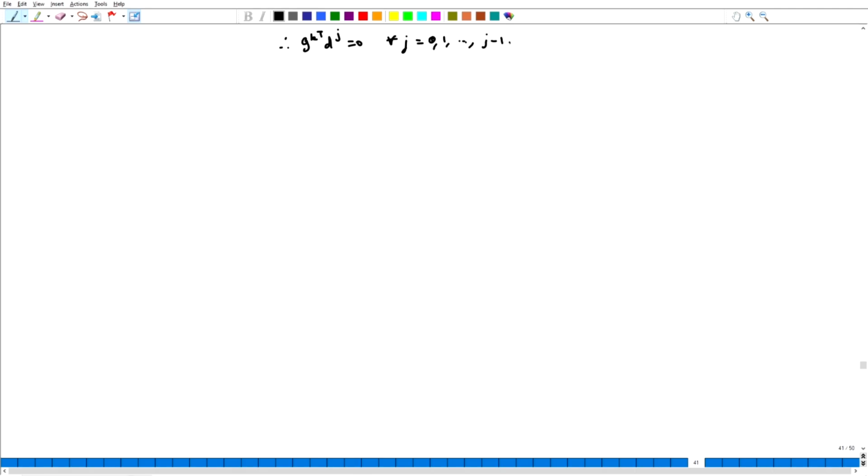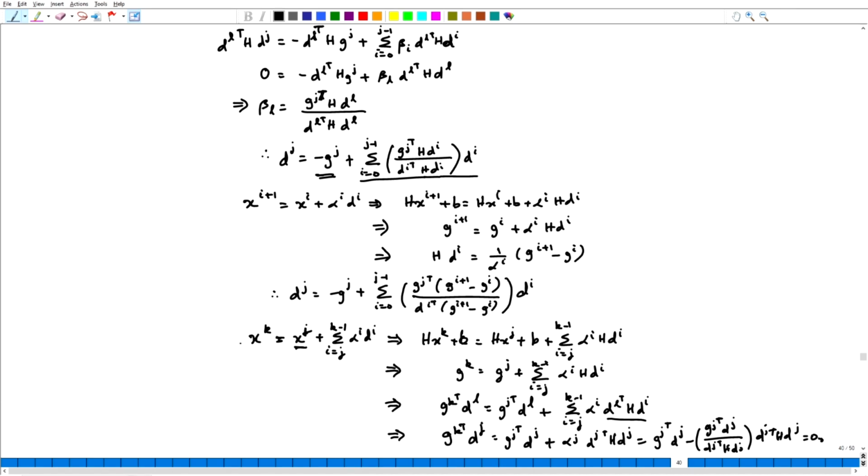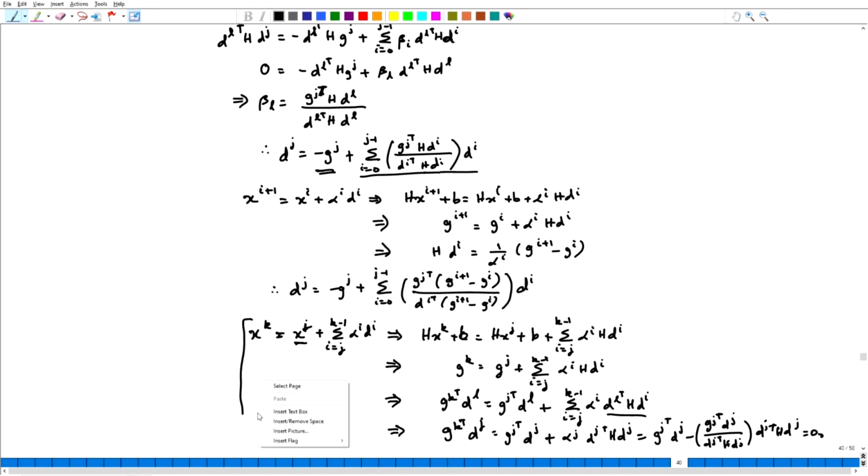This is something that needs to be understood, and the proof of that fact is given here. This is the proof for the fact that gk transpose dj is equal to 0.